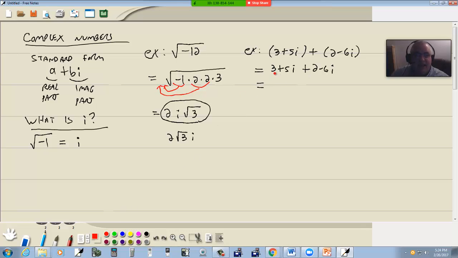We will combine the like items. Here's a 3 plus 2, which gives us 5. And here's a 5i and a -6i. Since the i's are the same, we can add or subtract the numbers in front of them. 5 minus 6 is -1i, or just simply 5 minus i. And that'll be your answer.